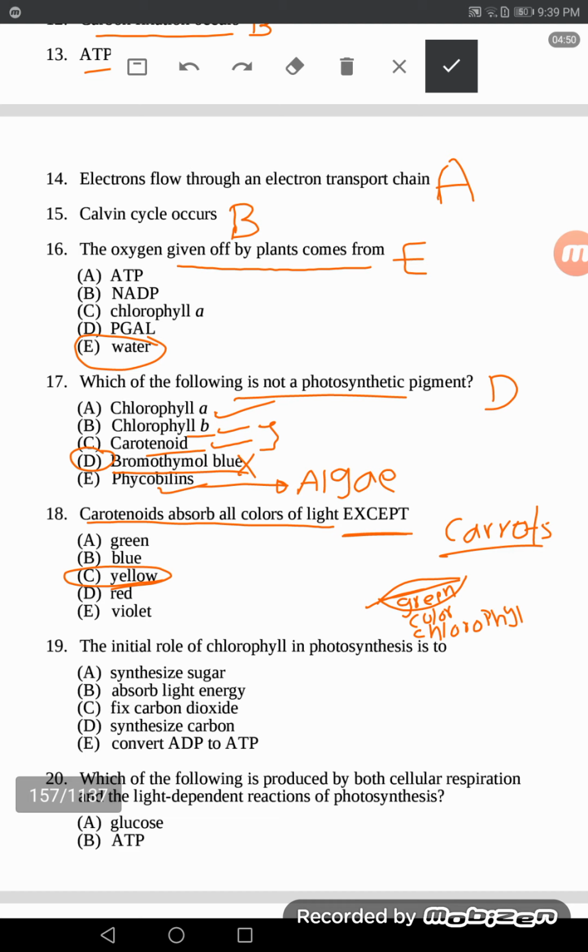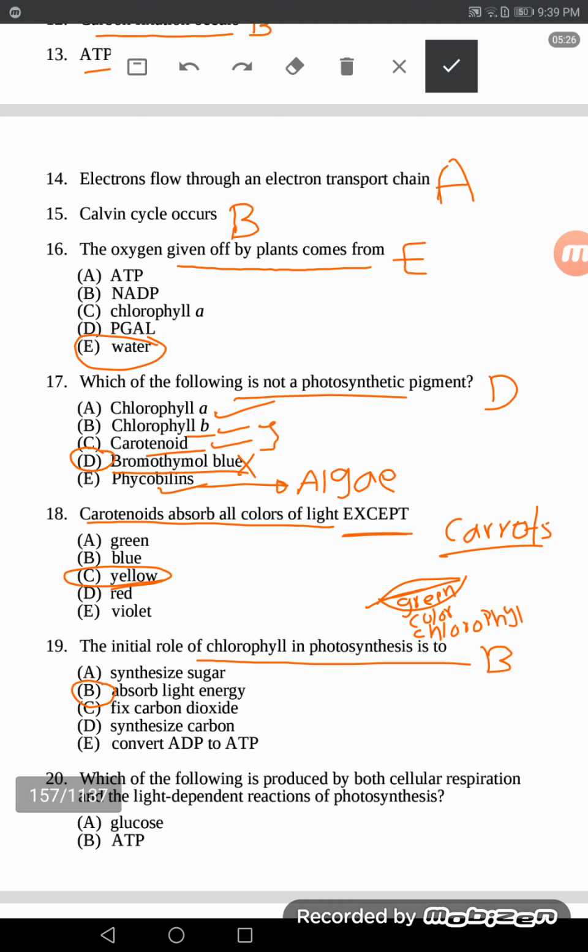And the initial role of chlorophyll in photosynthesis, we said in the first video of the photosynthesis process, chlorophyll gives green color to the plant and absorbs the sunlight. Absorbing sunlight is the initial role, the main role of the chlorophyll in this process. So the answer for the question is B.